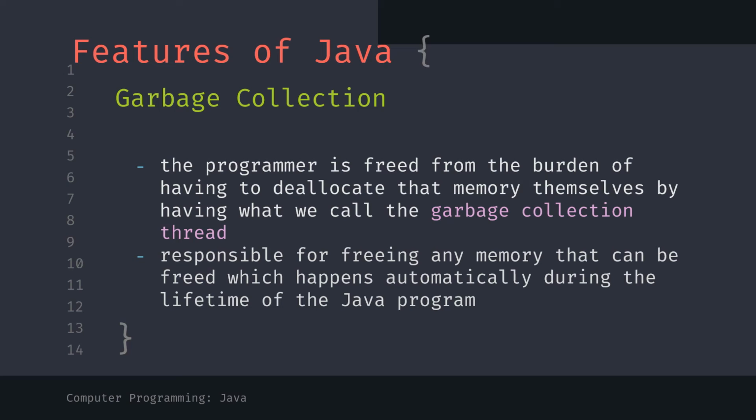This can be difficult at times since there can be instances where programmers forget to deallocate memory and therefore result in what we call memory leaks. In Java, the programmer is freed from the burden of having to deallocate that memory themselves by having what we call the garbage collection thread. The garbage collection thread is responsible for freeing any memory that can be freed. This happens automatically during the lifetime of the Java program.